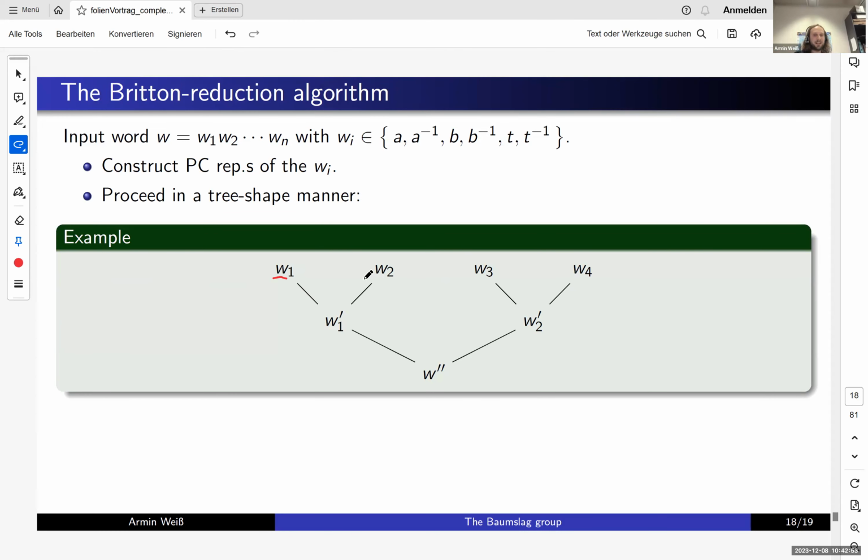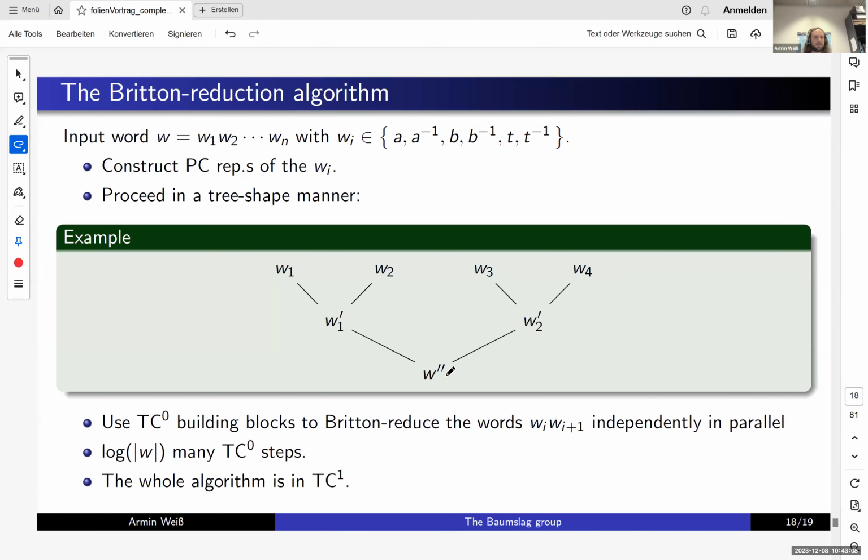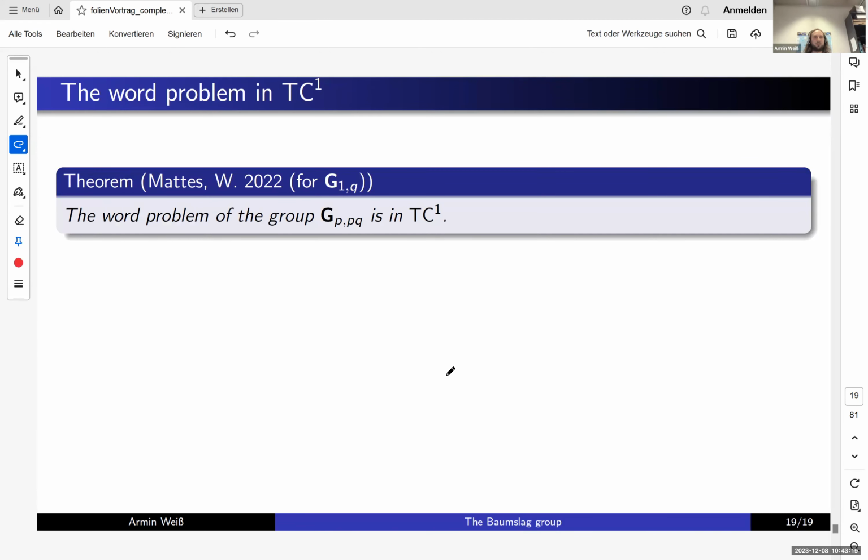We start with single letters and Britton reduce their product. We do this all independently in parallel. So we have many more of them. And then we take these length 2 Britton reduced words and Britton reduce them, and so on. So we get a tree of logarithmic depth, and each of the steps can be done in TZ0. So the whole thing is in TZ1. And that's how to solve the word problem of the Baumslag group in TZ1.